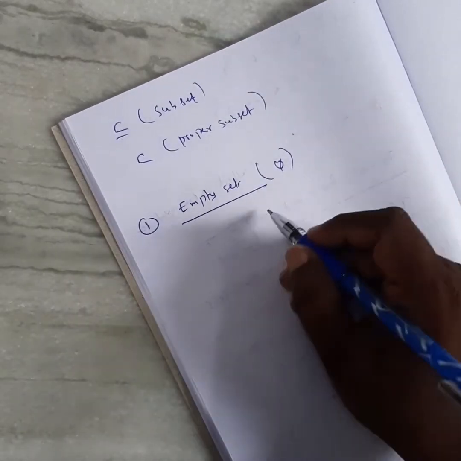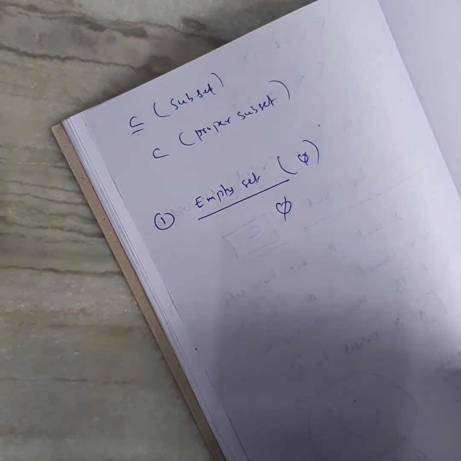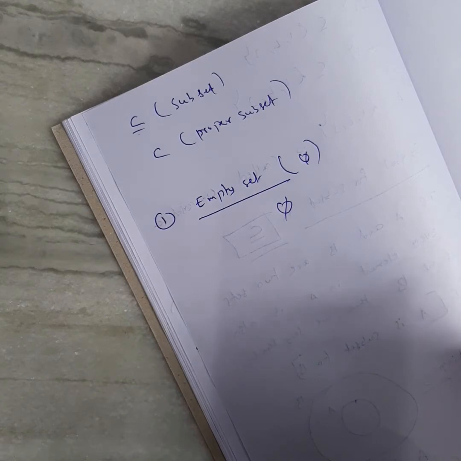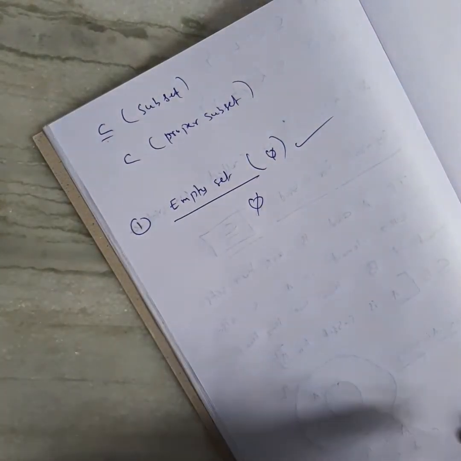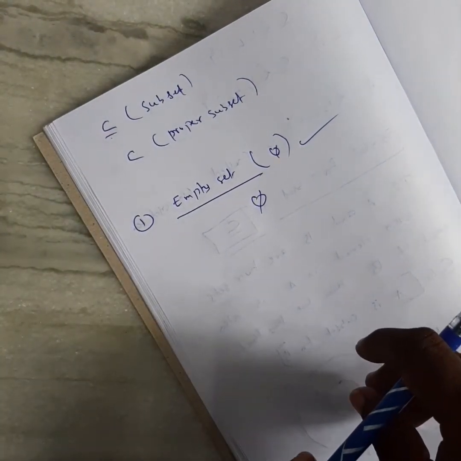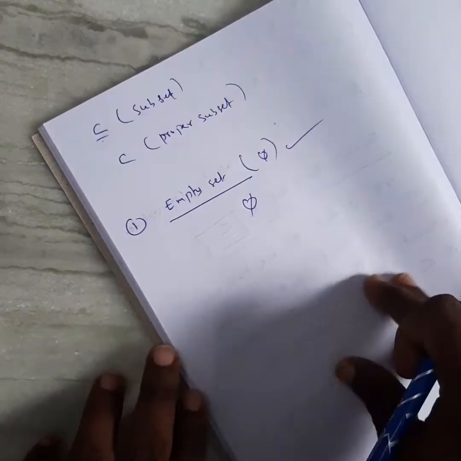It is denoted by the symbol phi. For example, x such that x is a natural number less than 1. Are you able to find a natural number less than 1? No. So that is an empty set. A set which does not contain any element is called an empty set.